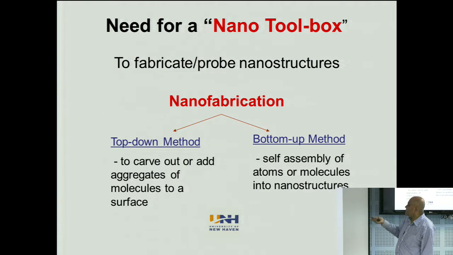Normally the top down method is when you take the material and gradually scrape off layers and layers and layers, ultimately coming up to the nano form of that material. Bottom up is more common, where you do self assembly, you take molecules and attach them to make a particular structure.